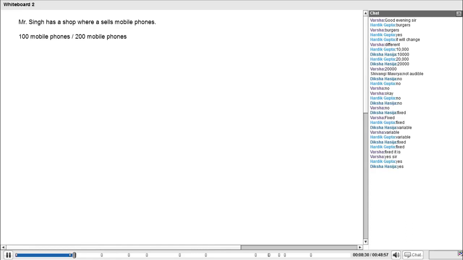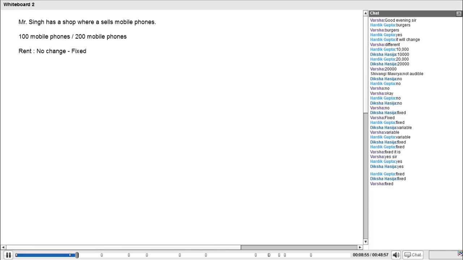So rent. What would rent be? For Mr. Singh, it is the rent that he pays for his shop. The rent does not change whether he sold 100 phones or 200 phones, and hence it is a fixed cost.